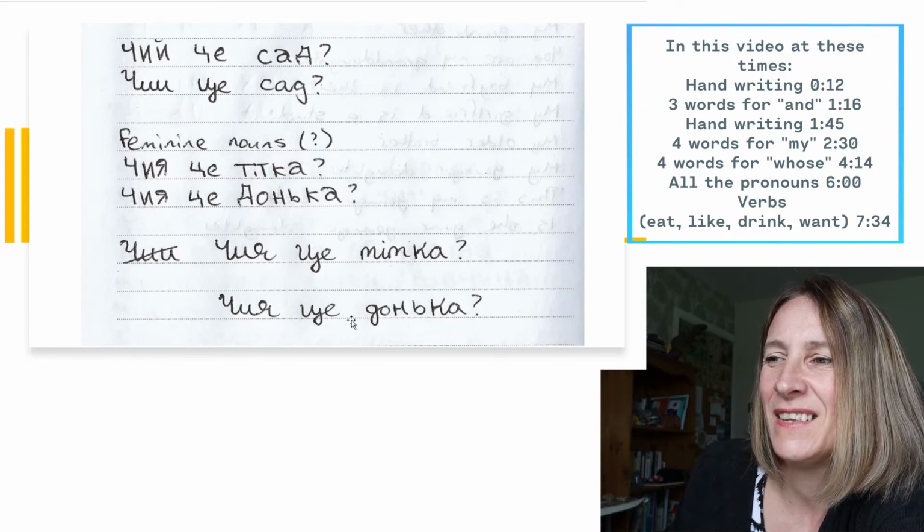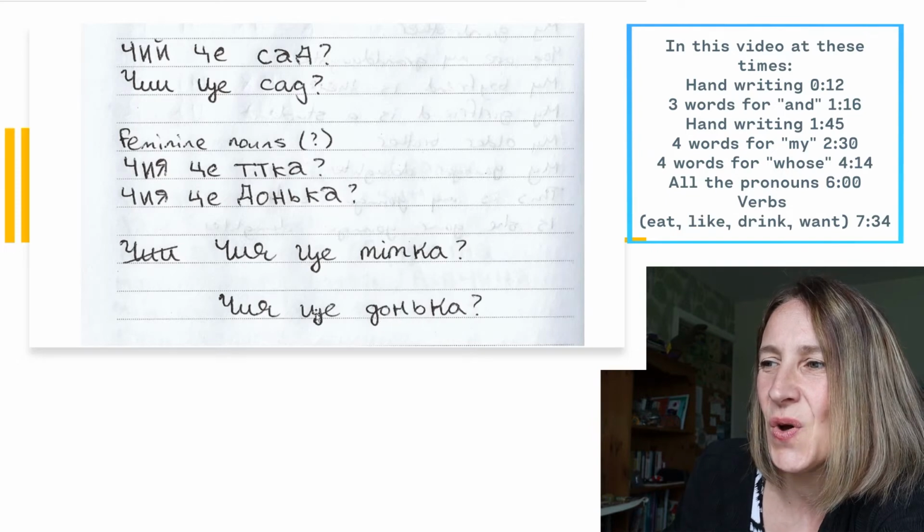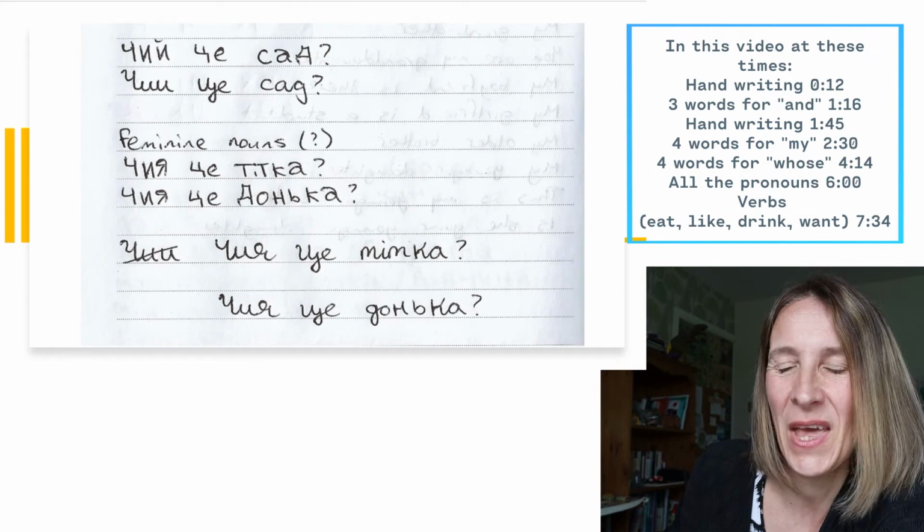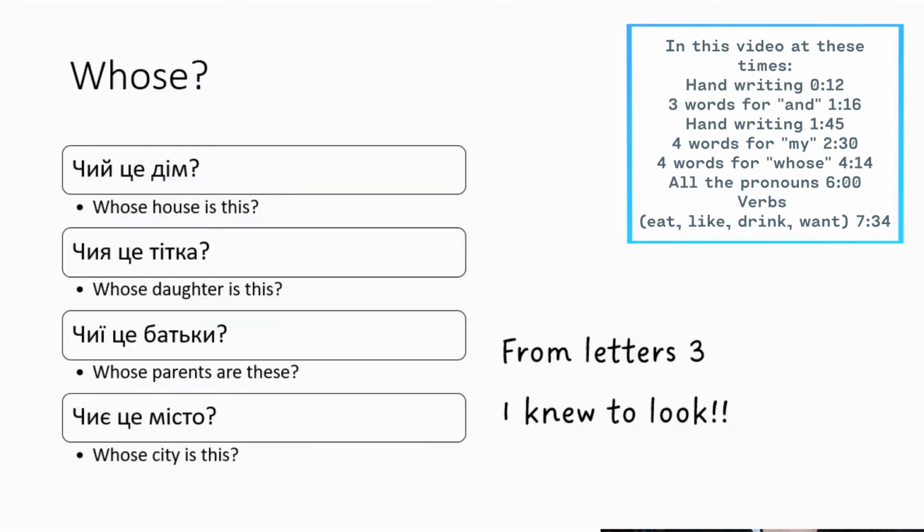Chia tse donka. Okay. So we're getting different words for whose. We've got chia tse jim. Chia tse chitka. Chiyi tse bachki.